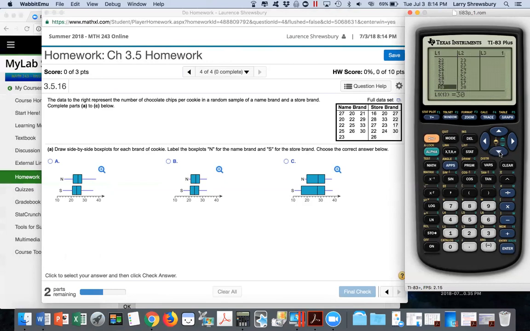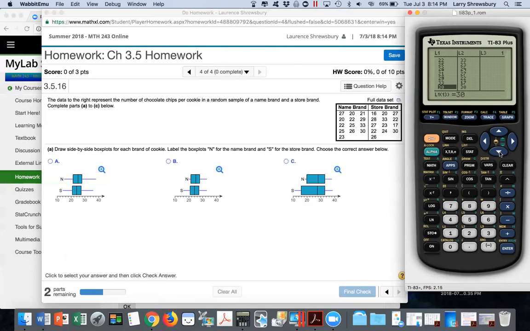Okay, good. So once again, same example for you. Always double check your data entries, because all it takes is one number entered wrong, and of course you're getting all the answers wrong. So always double check that.